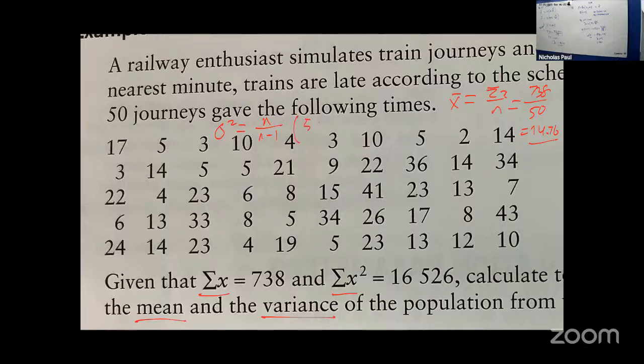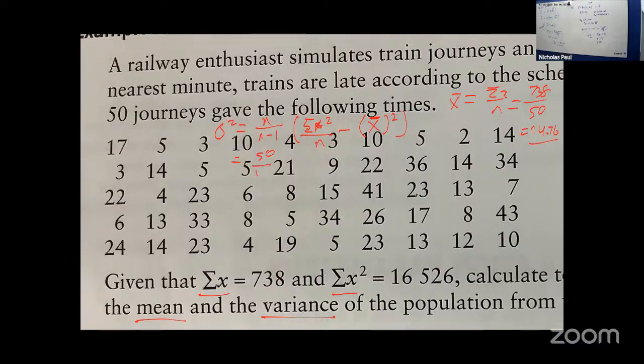Sum of x squared over n, minus what? Right, but remember, we have the mean, so we use the mean squared version. Plug in everything and work it out. I'll just squeeze it in there online.